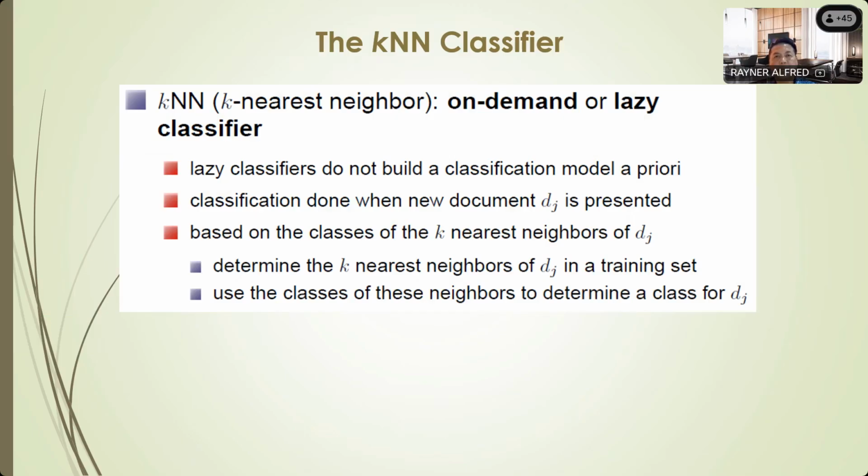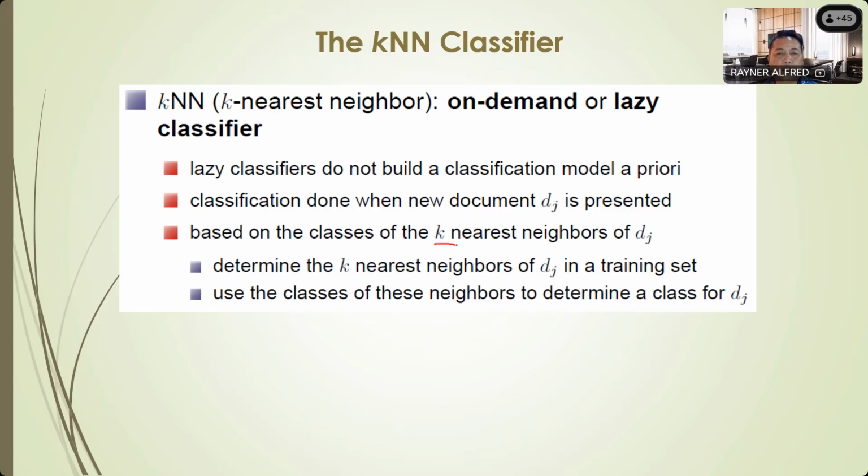For the KNN classifier, we do not need to train them because they depend on the computation of the distance between the new unseen document to the stored document in your database. Okay? So it depends on your K here, how many you want to take into consideration when you want to assign the label.